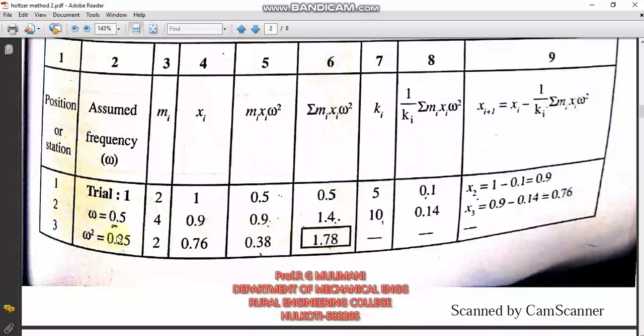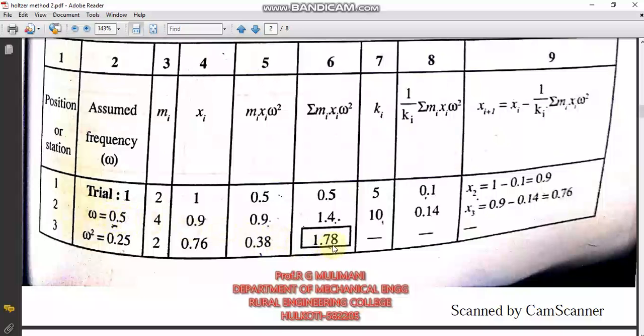Okay, for this frequency, for 0.5 frequency, what is the sum of inertia force? It is 1.78. Similarly for 0.75 the inertia force is 3.48. For 0.5 this much is the inertia force, for 1 this much is the inertia force.